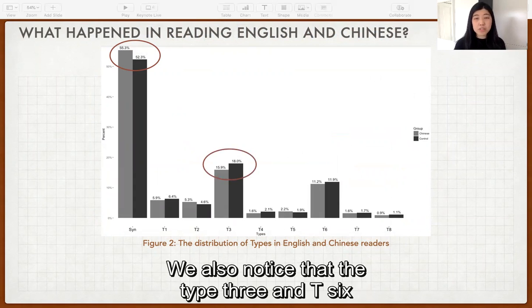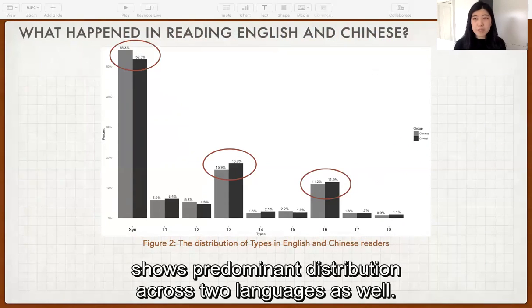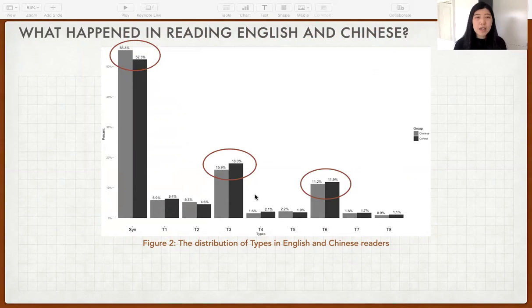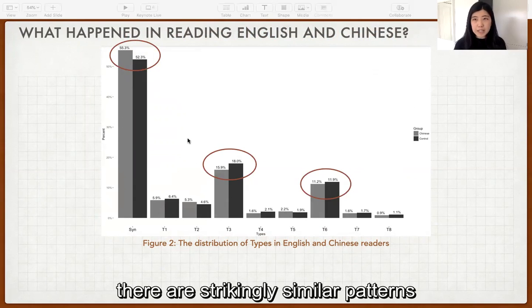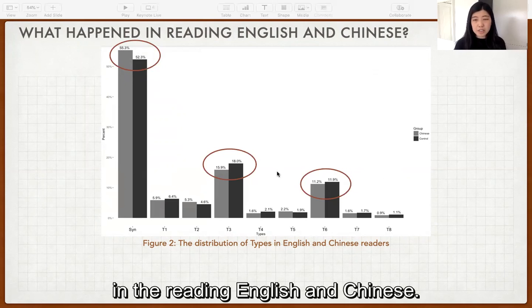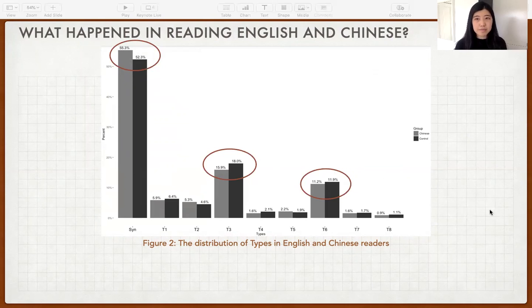We also notice that type 3 and type 6 show predominant distribution across the two languages as well. In general, we can see strikingly similar patterns in reading English and Chinese.